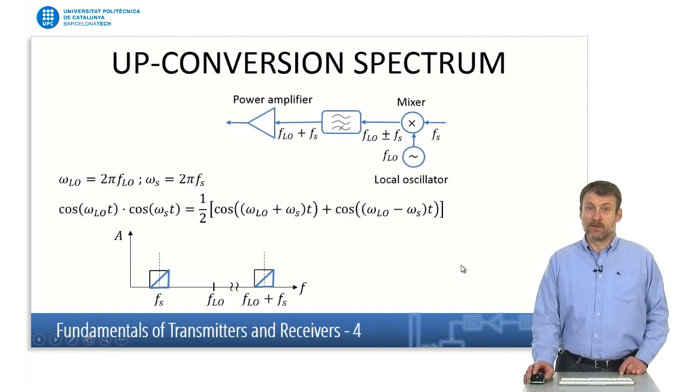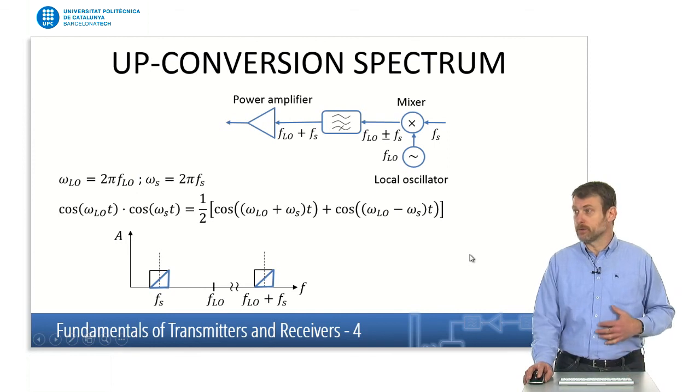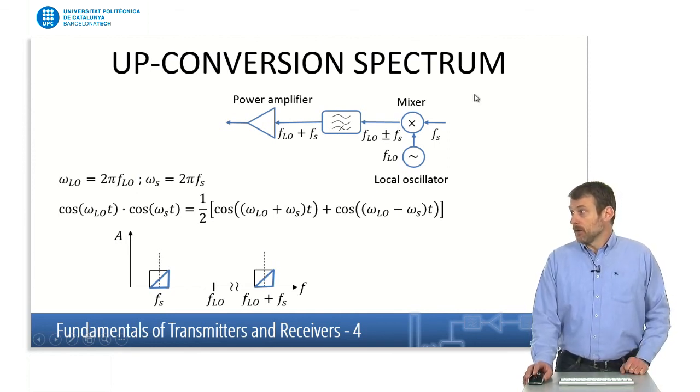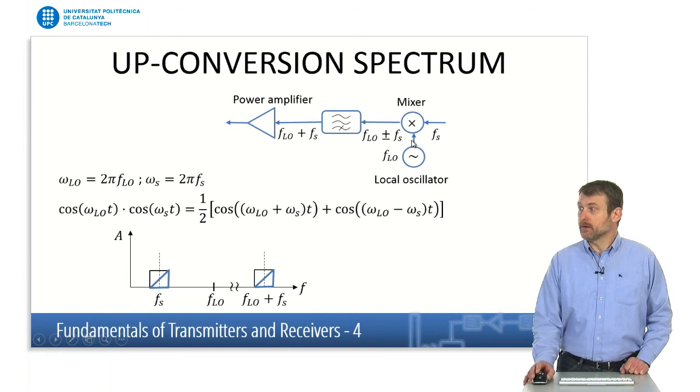Now, let's see the essentials of the math that allow the transmitter to do the up conversion. In all transmitters, we have a mixer, which is this element in here, and at the inputs of the mixer, we have two signals entering that mixer. One would be our signal, and the other would be the local oscillator.